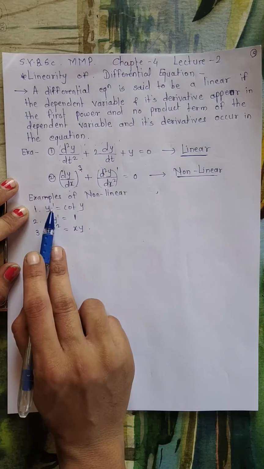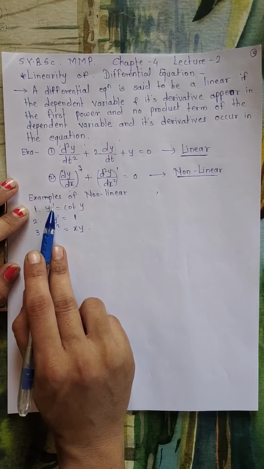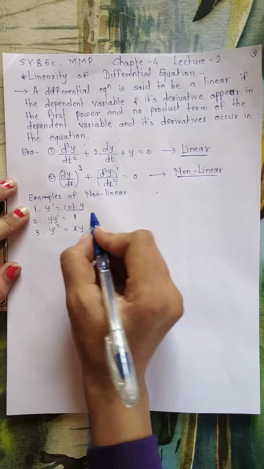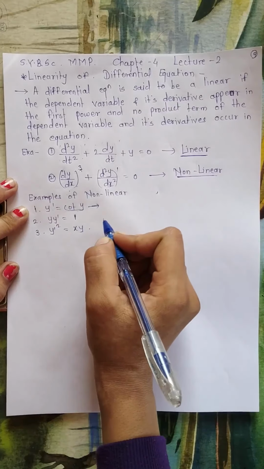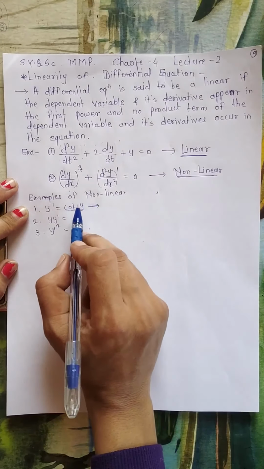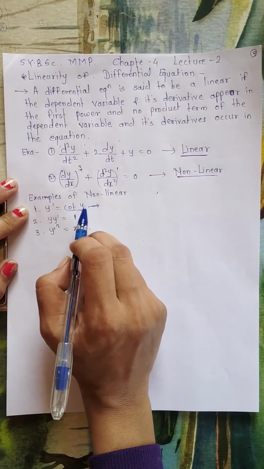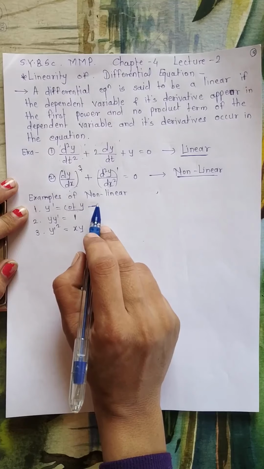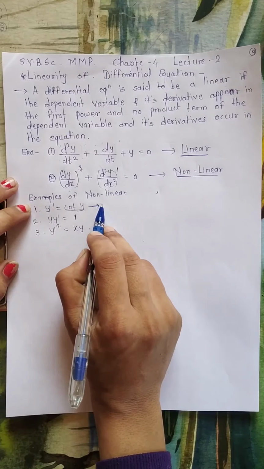y depends on t, means dy upon dt equals cot y. Now though here the power of the derivative is 1, the RHS contains cot y and cot y is a non-linear function, because cot is a periodic function depending on sine and cos. So due to cot y being non-linear, this differential equation is non-linear.